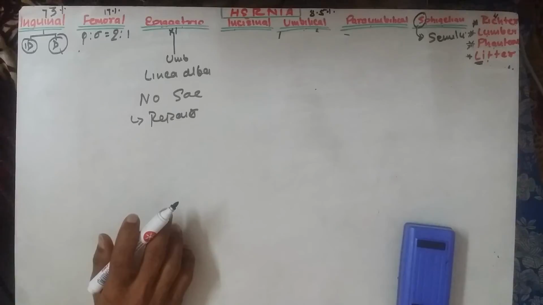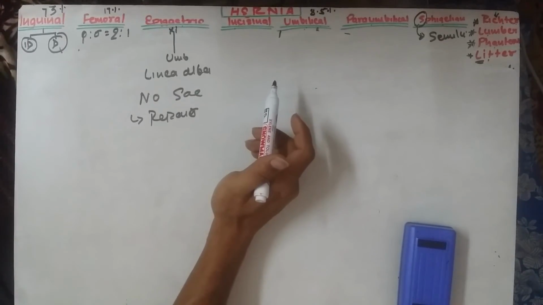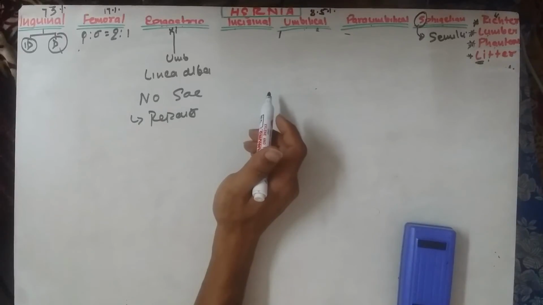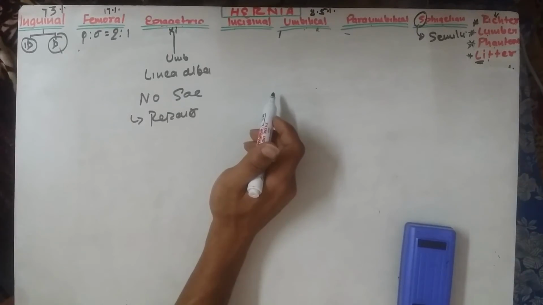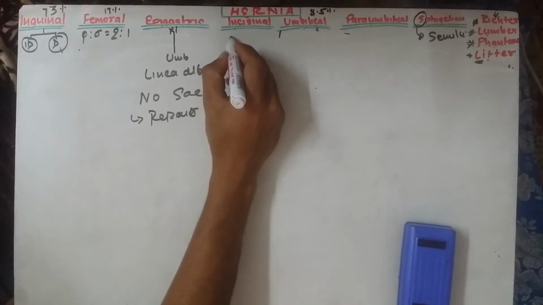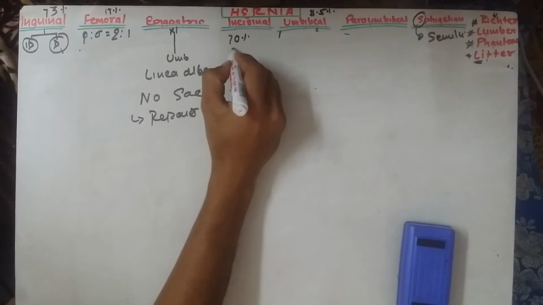Then the incisional type, as the name suggests, is seen exactly at the site of the incision during the surgery, and usually they can be seen in the first 5 years. 70% of the incisional hernia is seen in the first 5 years.